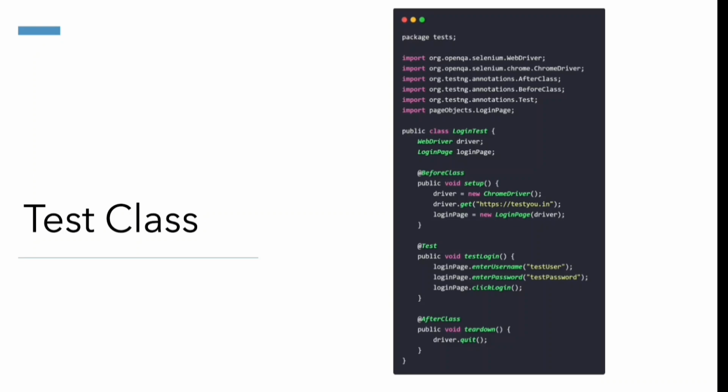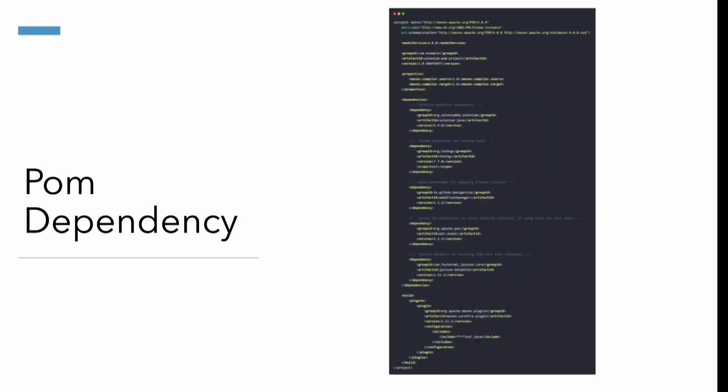Okay. Once it is done, inside the test, instead of calling the driver, I am passing our page object, and I am calling that method. That way we can segregate our page and our code. Then we have POM dependencies.